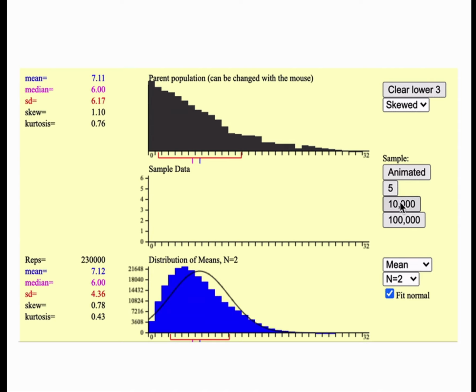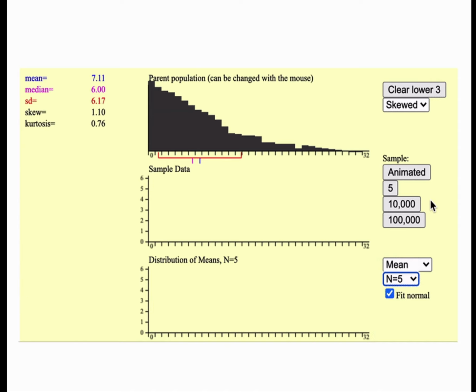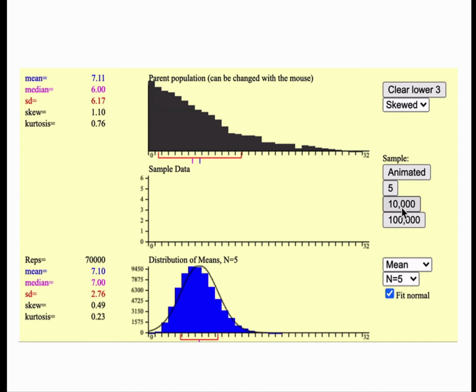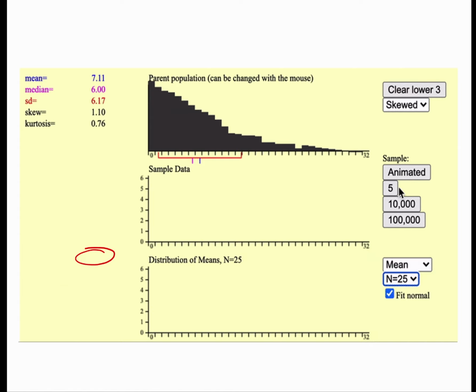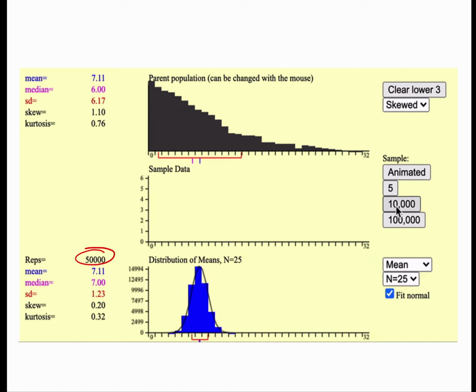Here, going from the skewed distribution, taking large numbers of samples. And as I increase the n, watch how it gets more and more normal, and also how the variability decreases.